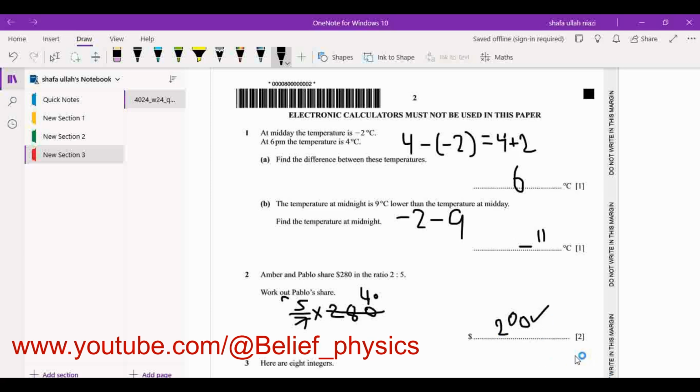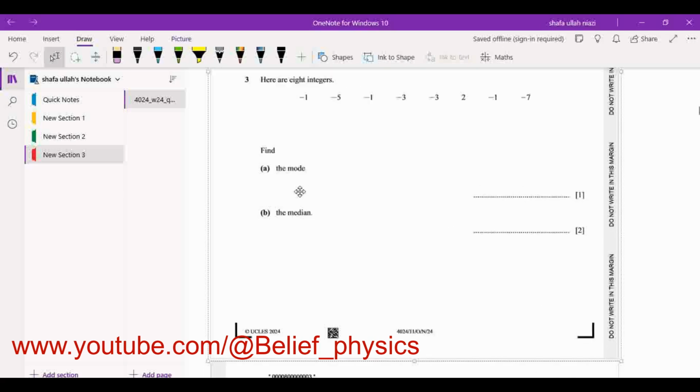Next, here are 8 integers. Find the mode. Mode means the most frequent data, whose frequency is maximum.